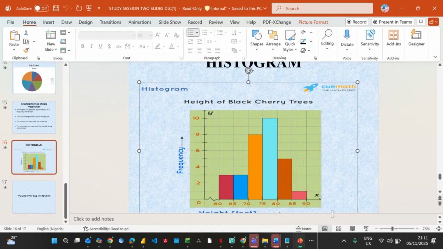And then at the end of it all, this chart can tell you that your data is actually normal, right? When you talk about normal, it means your data does not have a lot of anomalies. What that means is there's not too much difference, because if you look at this particular data now, if I draw a normal curve from like this to like this, I will be able to have a normal distribution curve.